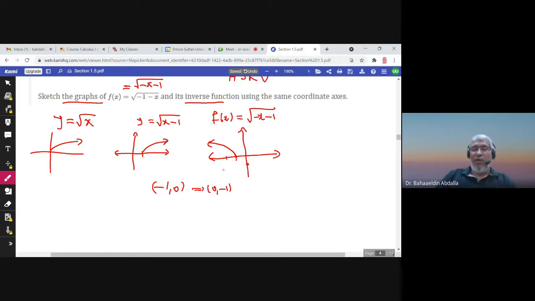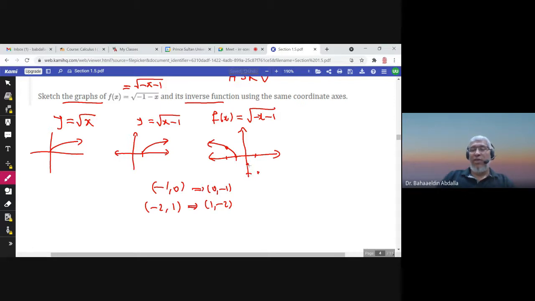If x is negative 2 here, if you replace x by negative 2, negative x is 2, 2 minus 1 is 1, so actually this is 1. So this point has coordinates negative 2 and 1. If you interchange x and y, I will have 1 and negative 2. So this point.